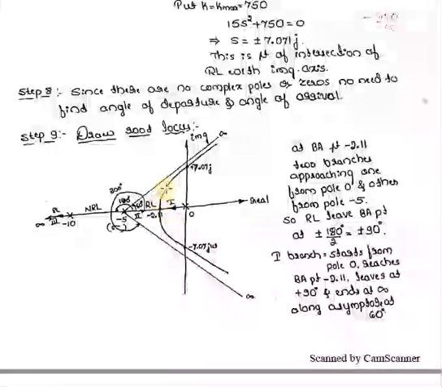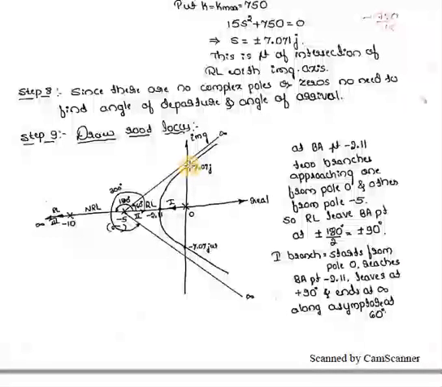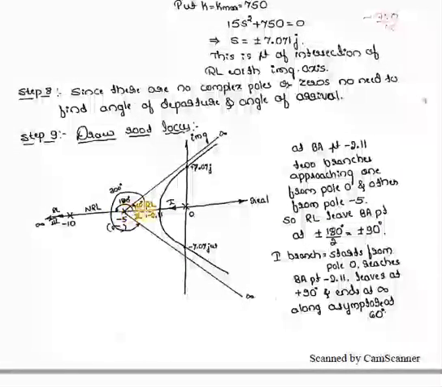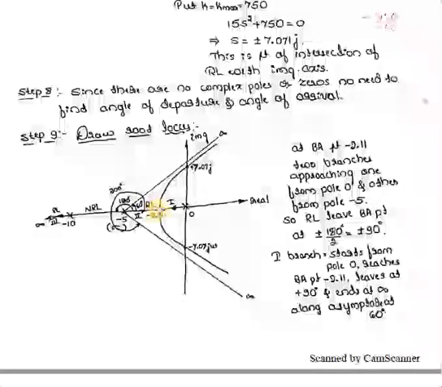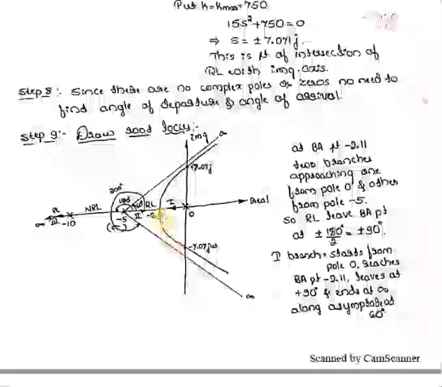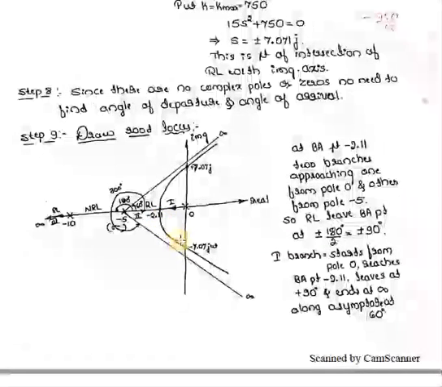Then it will tend to infinity along this asymptote, having the intersection at 7.07j. Similarly, the second root will start from minus 5 and come to this breakaway point. Then it will tend to infinity along the asymptote at 300 degree, having the intersection with the imaginary axis at minus 7.07j.